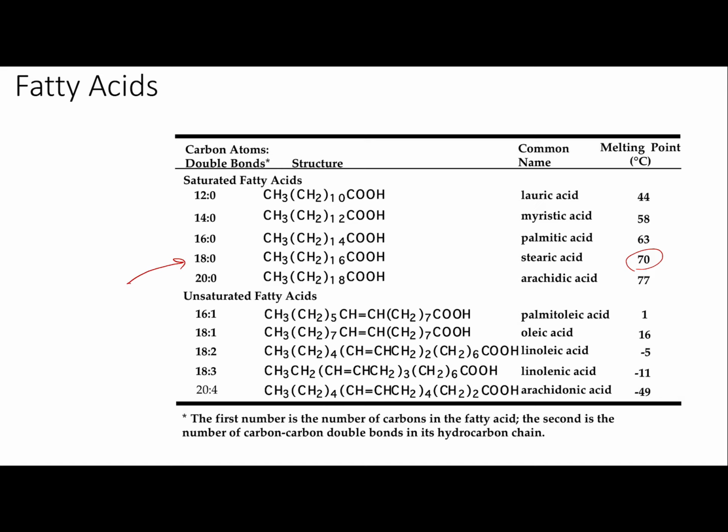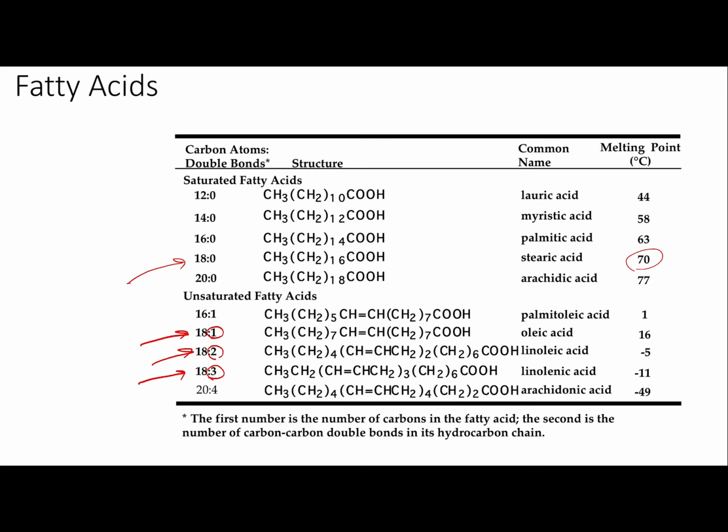But if we take something like linoleic acid, which also has 18 carbons, it's the same fatty acid as stearic acid. It just has some double bonds in it. There's actually 3 of them. And you can see here there are versions of stearic acid: oleic with 1 double bond, linoleic with 2, and linolenic with 3.